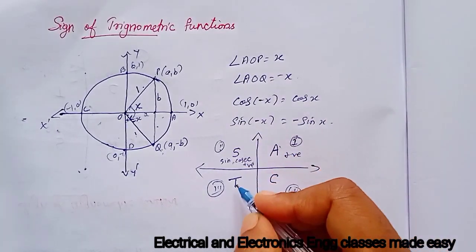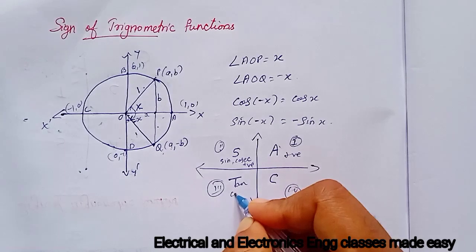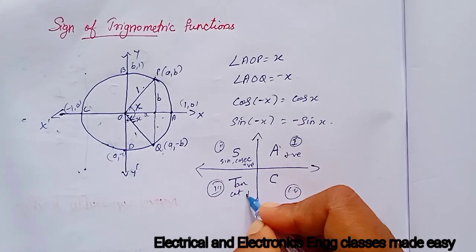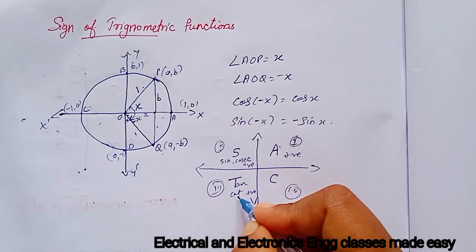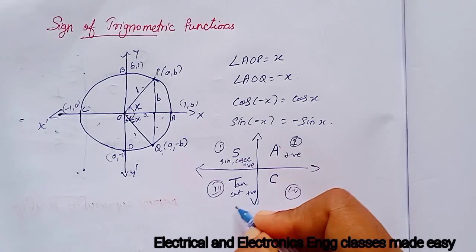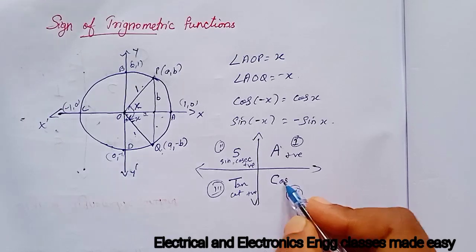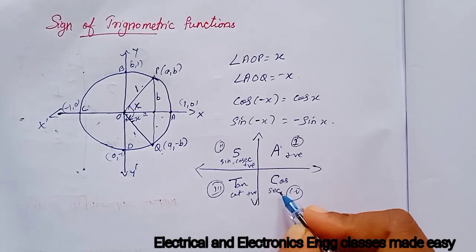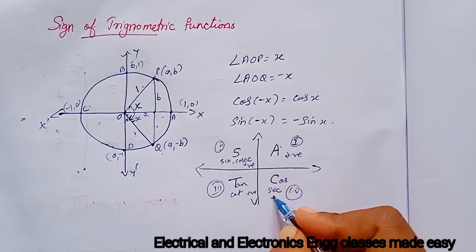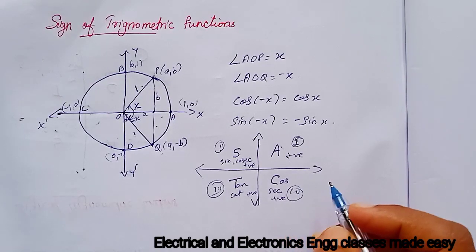Then in the third quadrant tan and its reciprocal cot are positive, all others are negative. Then in the fourth quadrant cos and its reciprocal sec are positive and all others are negative.